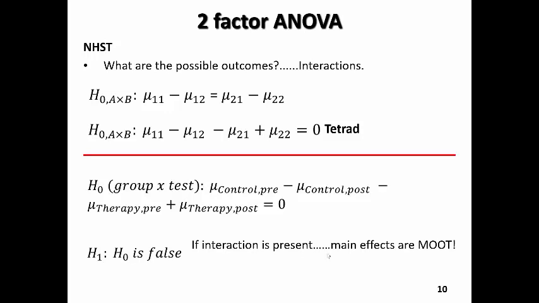In that event, the main effects are considered to be moot. And in this regard, we reason that we no longer consider interpreting the main effects, although in some cases we can interpret the main effects with a grain of salt, because the main effects are confounded by interaction.